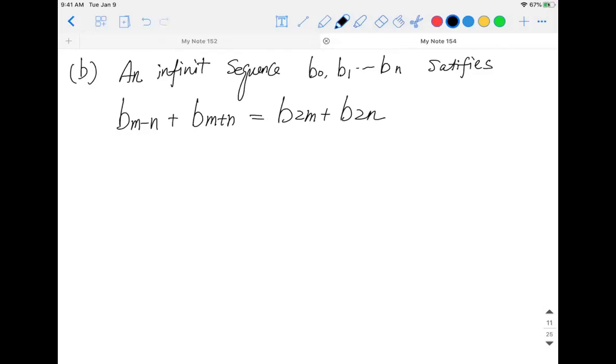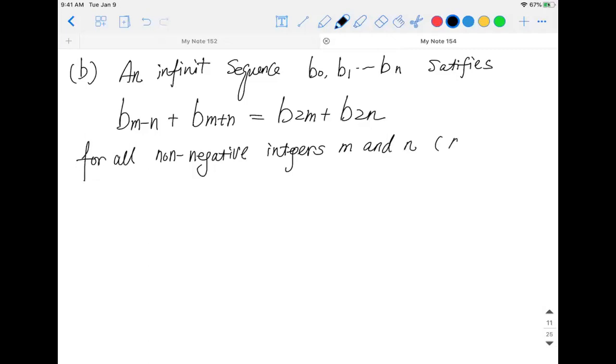But anyway, it looks quite alike. This one holds for all non-negative integers m and n. Also, m is greater than n greater than 0. Quite alike with the previous problem. So prove.